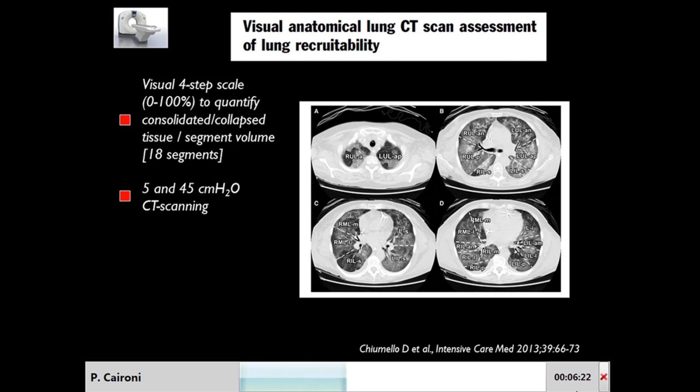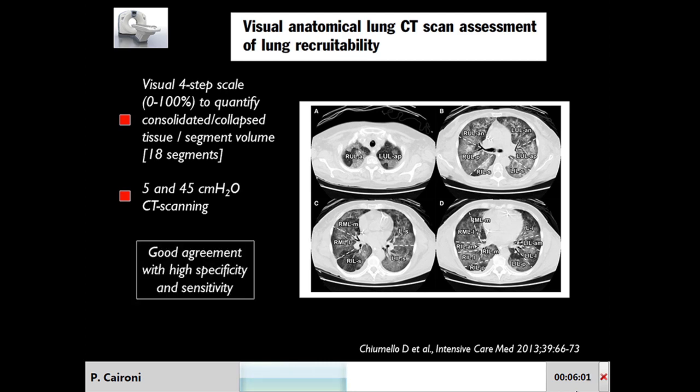In this work by Cressoni, Gattinoni et al., they compared an estimate according to a visual scale based upon 18 segments of the lung and the lung recruitment between two different CT scans at 5 and 45 centimeters of water airway pressure. And of course, there was a good agreement, with high specificity and high sensitivity of the visual approach as opposed to the gold standard technique, the quantitative analysis of CT scanning.